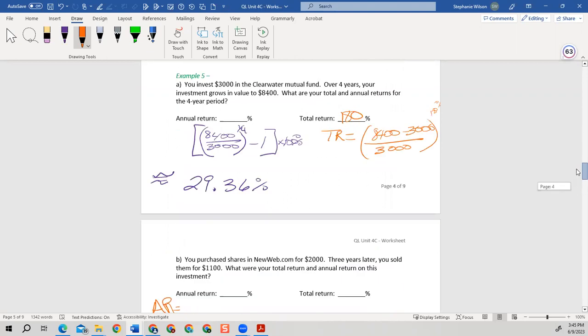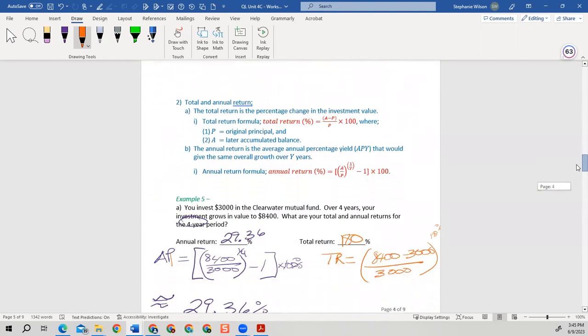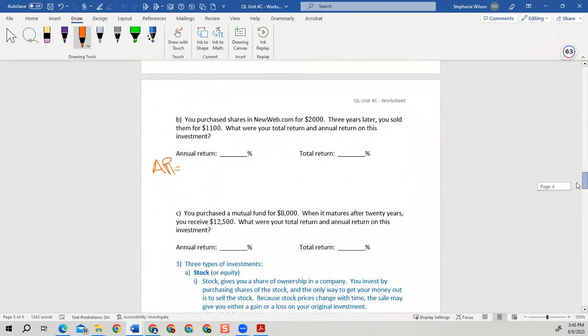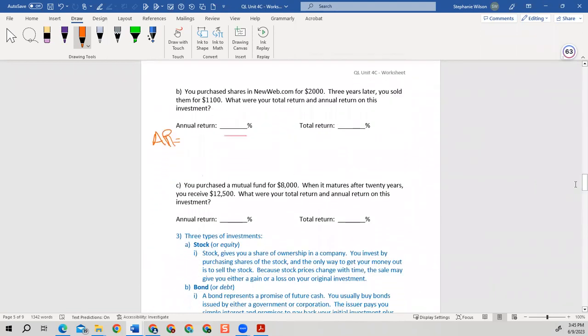So I got 1,100 divided by the 2,000 raised to 1 per year. And what's the year? The year is 3 years. And then we subtract 1 from that and multiply it by 100%.